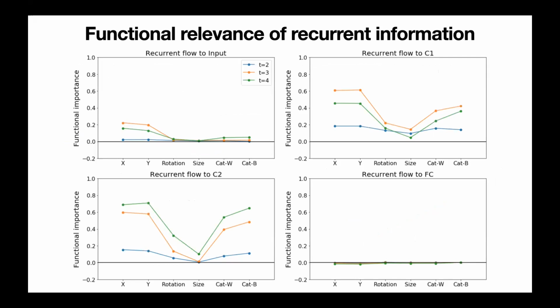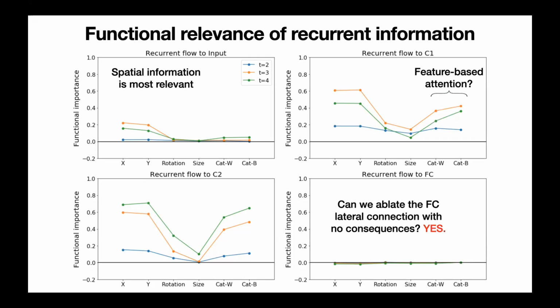So we do have above zero functional relevance for almost all layers, with some difference between different auxiliary variables. For example, we can see that the spatial location is particularly important, especially in the input here. We can see that information about category is sent to both C1 and C2. And we can see that in the fully connected layer, there's not much of a role of recurrent connections.